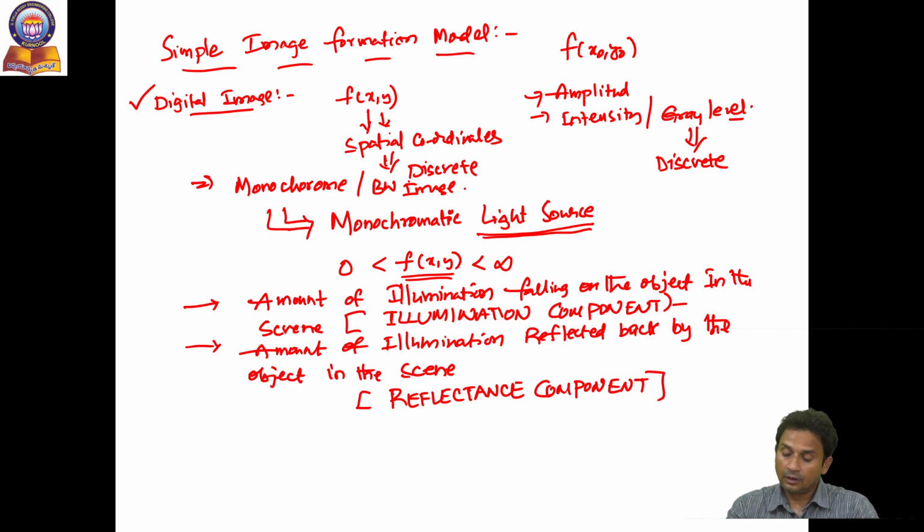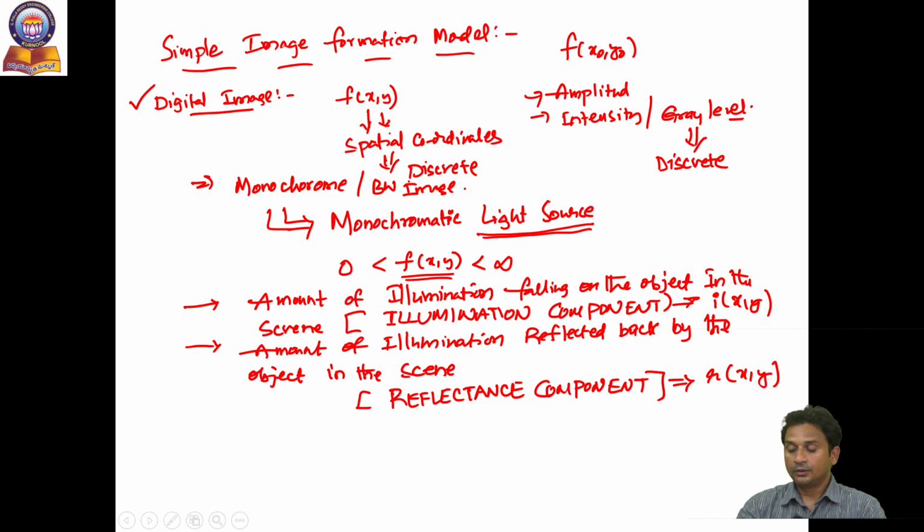In general, the illumination component is represented as I of x y, whereas the reflectance component is represented as R of x y. So an image is a combination of the illumination component and the reflectance component.